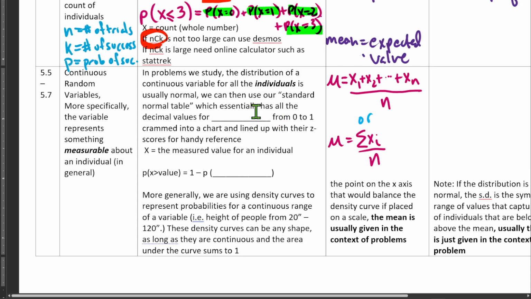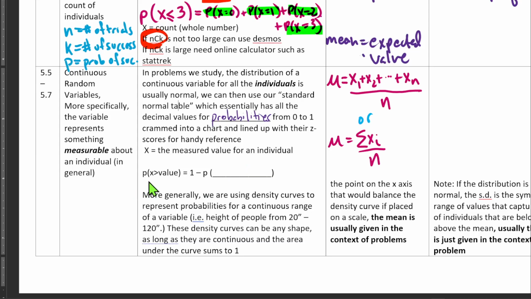You could say percentiles, you could say probabilities, you could say, in a sense, percentages. I'm going to say probabilities. And so it has all the probabilities from 0 to 1 inside the middle of that chart. And really understand each x is the measured value for an individual, so the length of each individual.